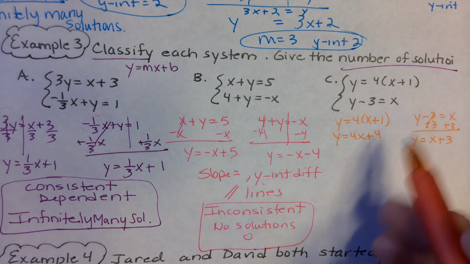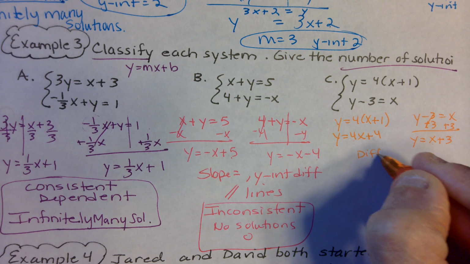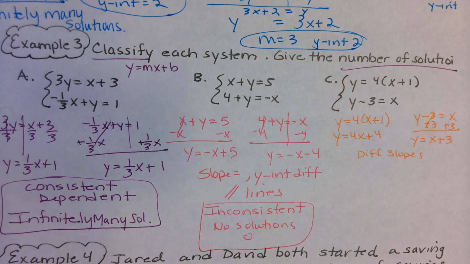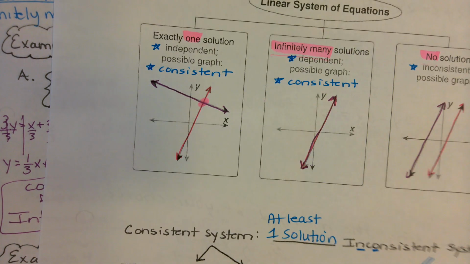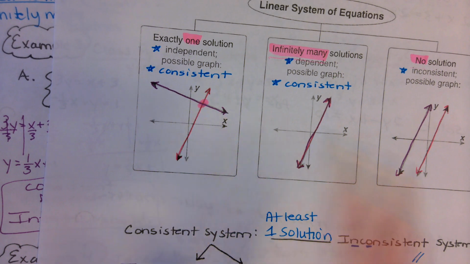Okay, so we have different slopes. So what does that mean? Yep, it's going to be a normal one like we've solved multiple times where you have two different lines and it's different slopes, and you're going to have one of these.